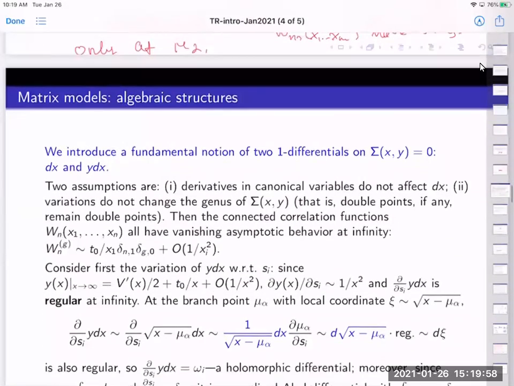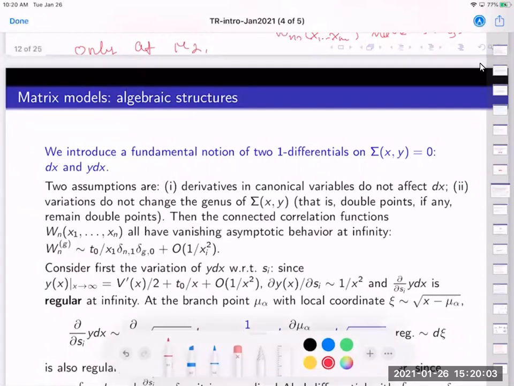So then we have the corresponding spectral curve, and on this spectral curve we introduce these two differentials. This is actually the core of the whole structure.